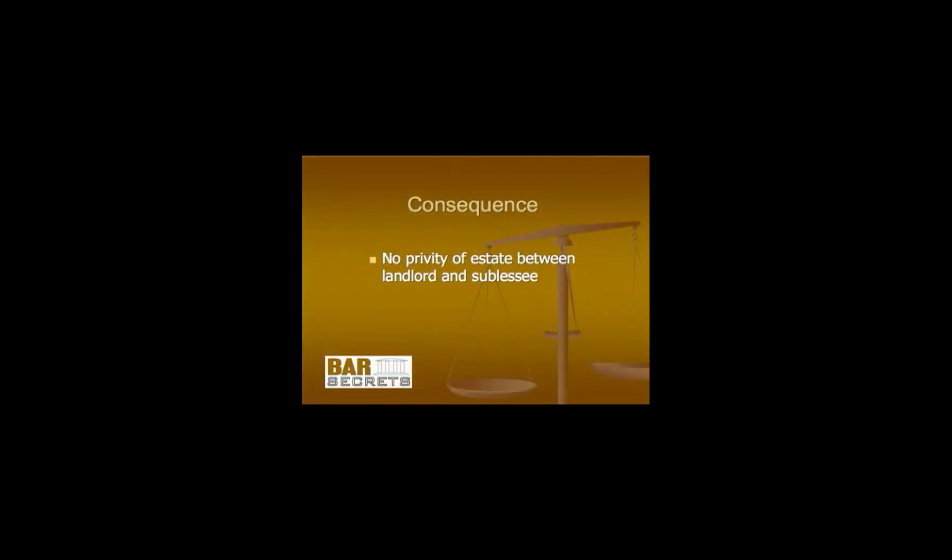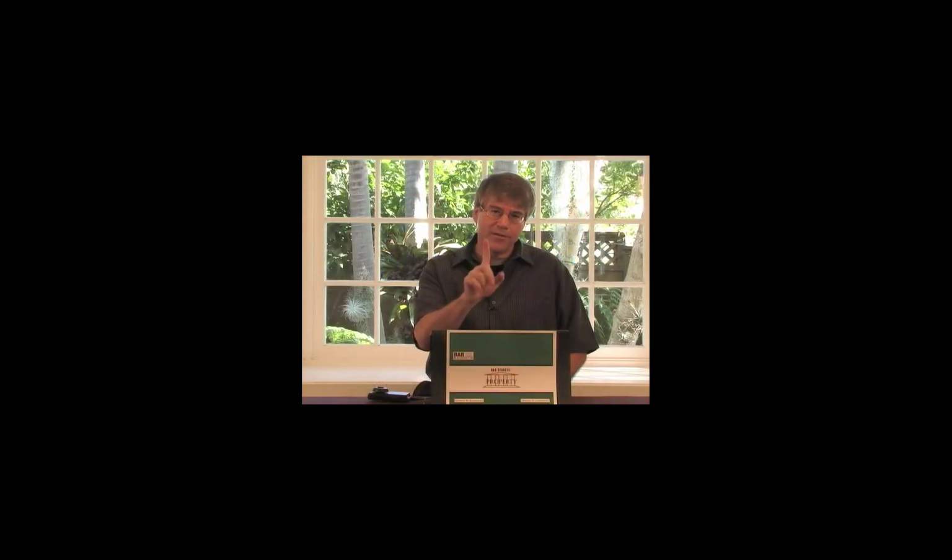Now, sublease is much different. In a sublease, there is no privity of contract or estate between the landlord and the new tenant. Basically, tenant 1 is in privity of contract, and also when tenant 2 moves onto the property, look at it this way.